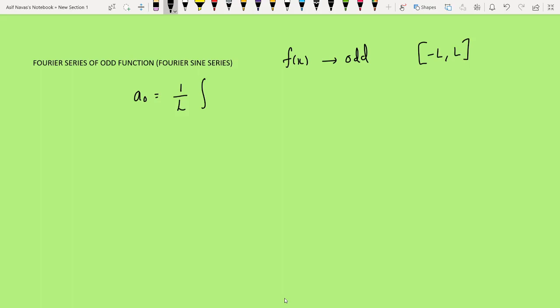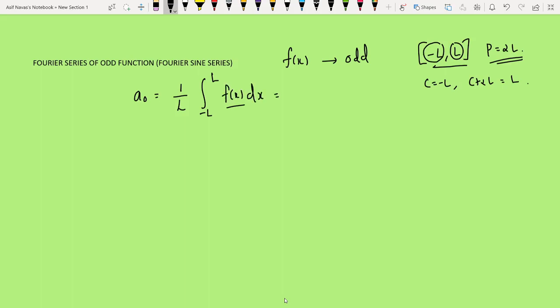What is the C formula? Our interval is minus L to L. So C is here minus L, and C plus 2L is L, and the period is 2L. Okay. So minus L to L. So if you want to integrate A naught, we will take these endpoints of the interval as the limit. Okay, f of x here.